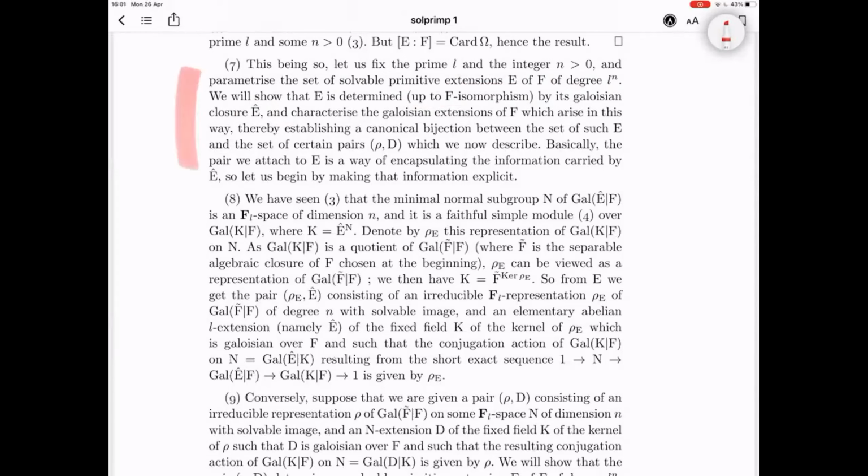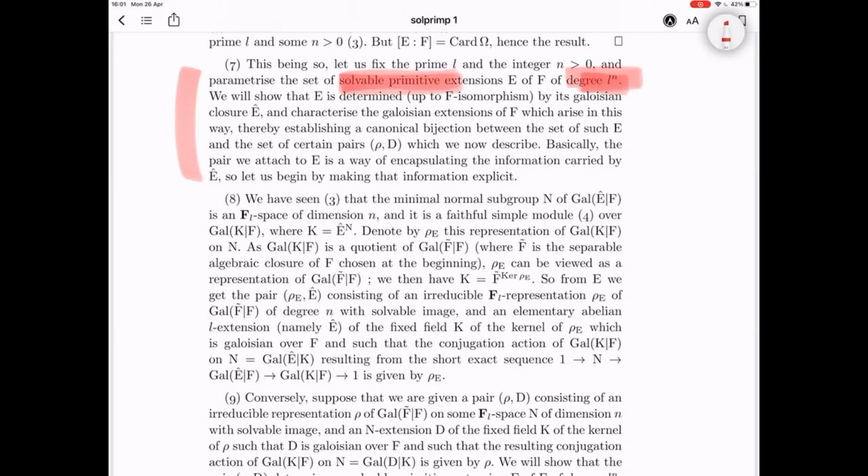Here, what is being said is that if one of your extensions is solvable and primitive, and then of course the other extension is also solvable and primitive, then necessarily the degree has to be the power of some prime, but it cannot happen for solvable primitive extensions.